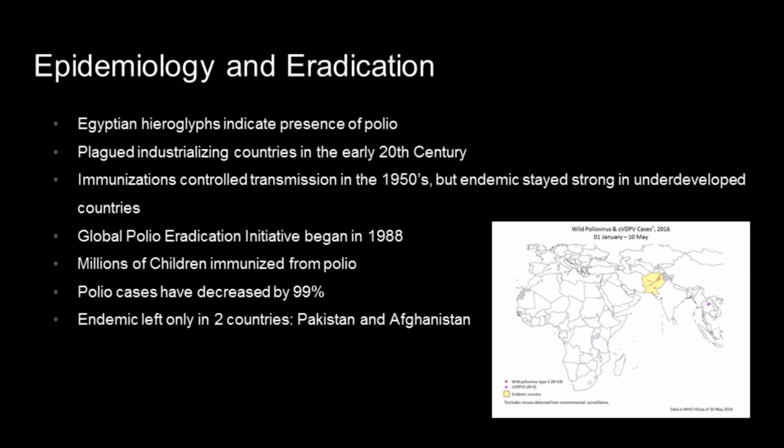But still, there's two countries left, Pakistan and Afghanistan. Most of the world's been eradicated of polio, but in these two countries, there's still some opposition that they face that hinders these efforts. But still, polio has been almost completely eradicated globally, thanks to vaccines.